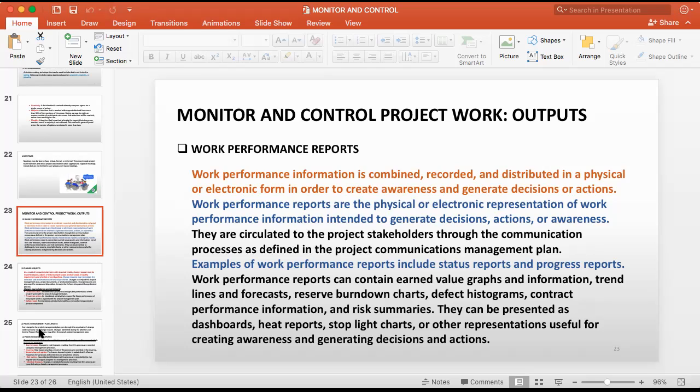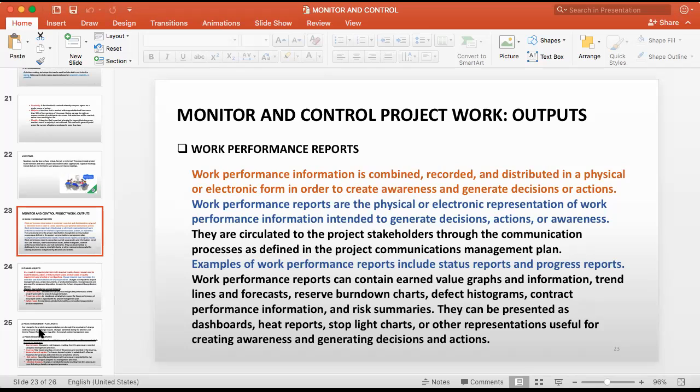In many big Sri Lankan projects, sometimes the donors are Japanese or British, or other foreign agencies like the Asian Development Bank, World Bank, JICA. Likewise, there are some donor agencies, and they are interested in this progress report, the work performance report.